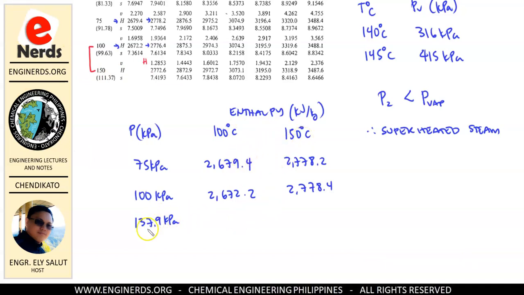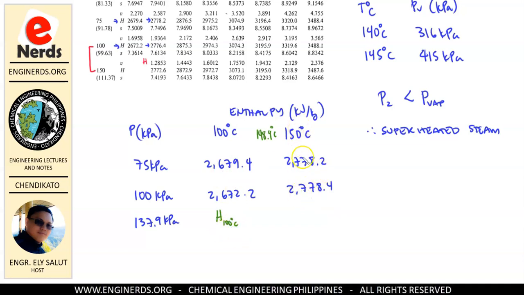Okay, so ang hinahanap natin is the enthalpy in pressure of 137.9. But it is on this temperature, which is 148.9 degrees Celsius. So nasa pagitan nilang dalawa, no? So therefore, ito ang ating enthalpy at 100 degrees Celsius. If you're going to extrapolate this, ang makukuha natin is yung enthalpy at 100 degrees Celsius.